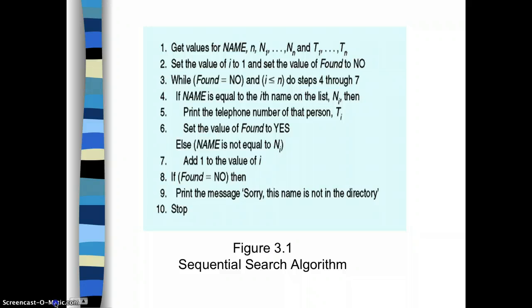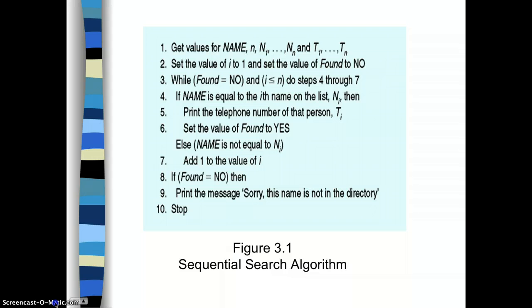In this step we have two variables, I and found. I is just going to keep track of where we are in the list, and found is going to keep track of whether or not we've actually found the name we're looking for. Step 3 says while found equals no and I is less than or equal to n, do steps 4 through 7.